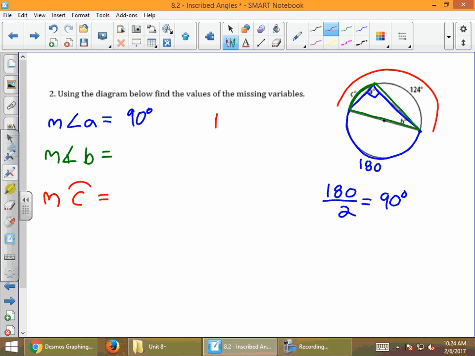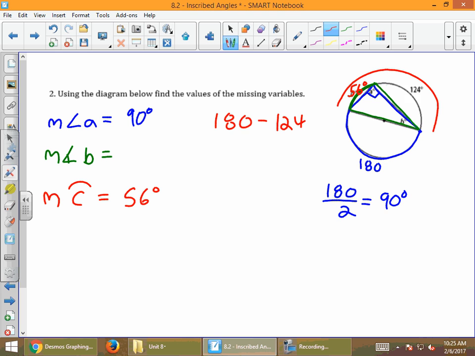So I can do 180 minus that 124, this piece I have right here, and that will give me what C is. So I'll minus 124. What is 180 minus 124? 56. 56 degrees. Great.